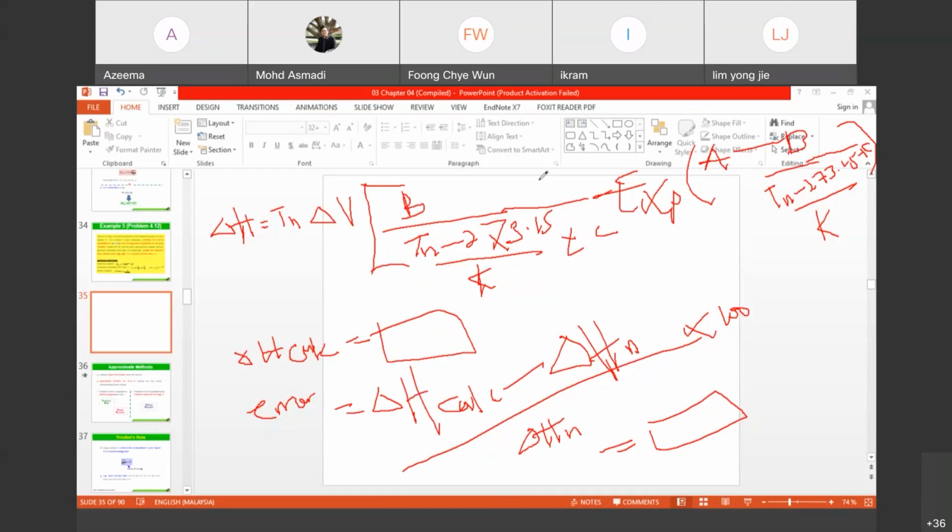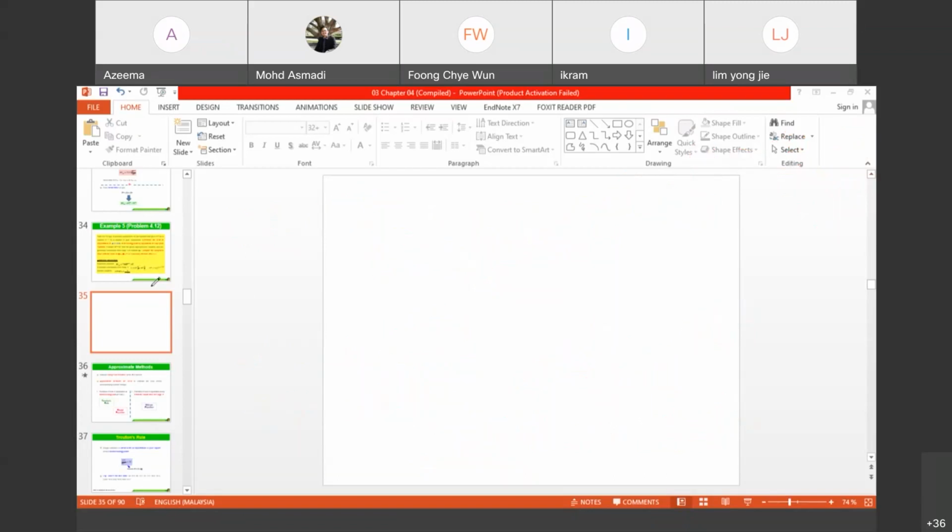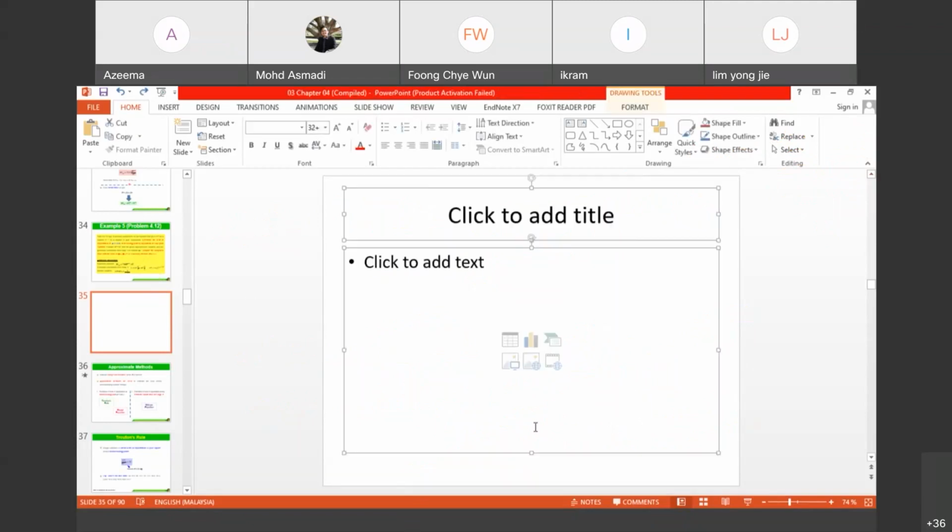Substitute all the information into the Clapeyron equation, and you can calculate delta H vaporization. Once you calculate delta H, the error is not really different now. It's below 2%. So that's how you use the Clapeyron equation to calculate the change in enthalpy for a two-phase system.